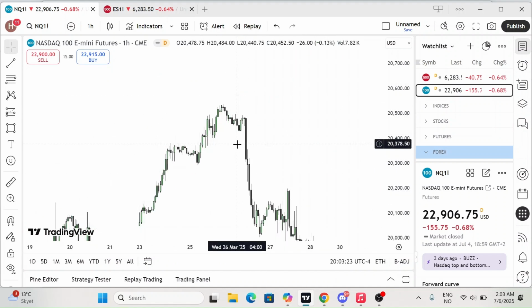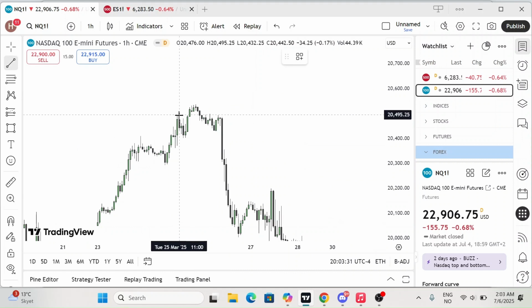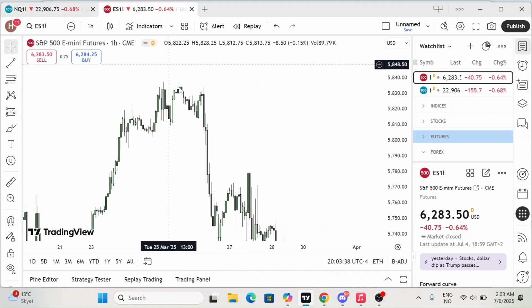Okay, so right here we got an example of a bearish SMT divergence. We can see right here on NQ we make a high, and then we make a higher high, while on ES we have this high right here and we make a lower high.